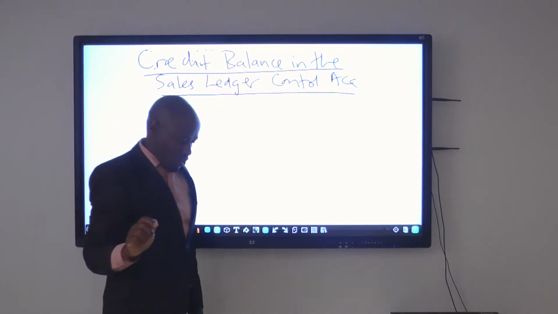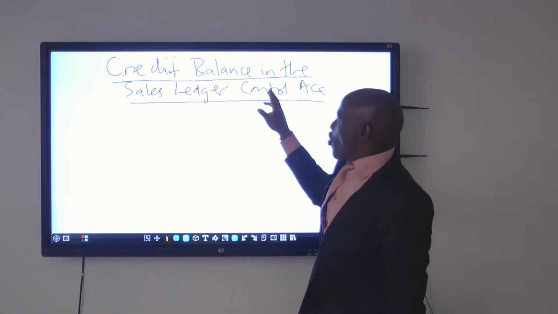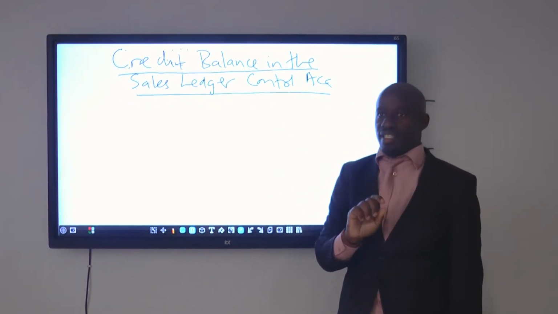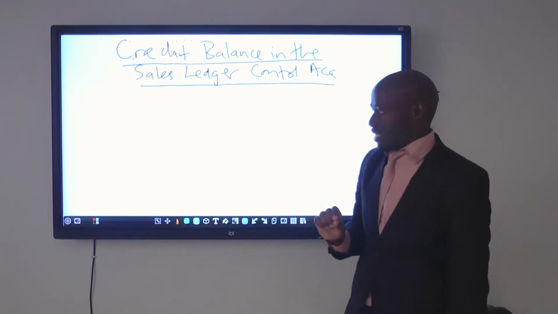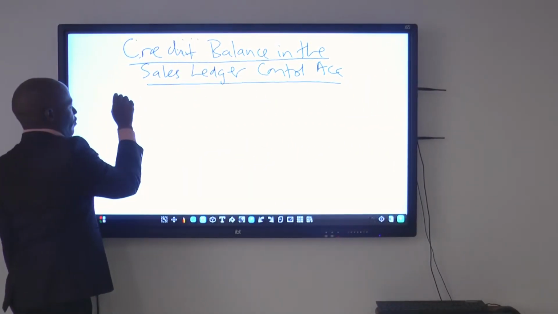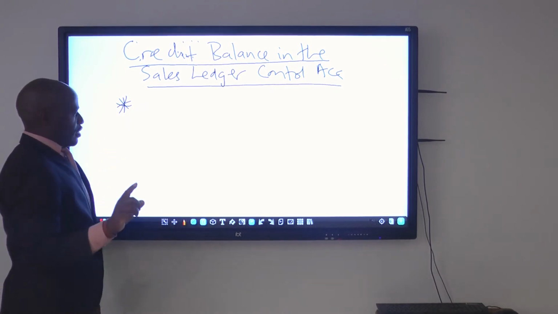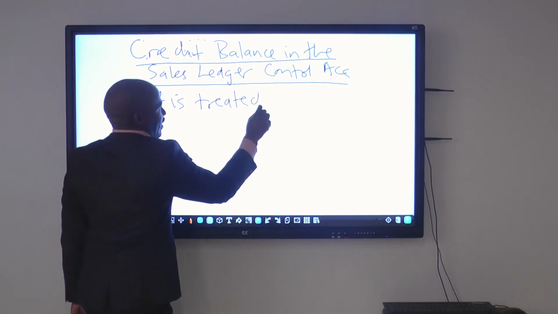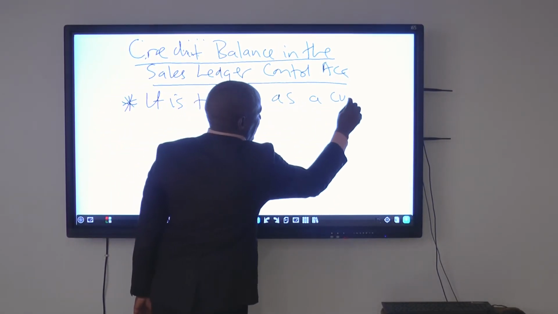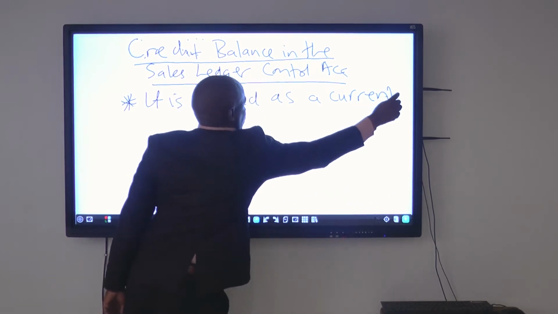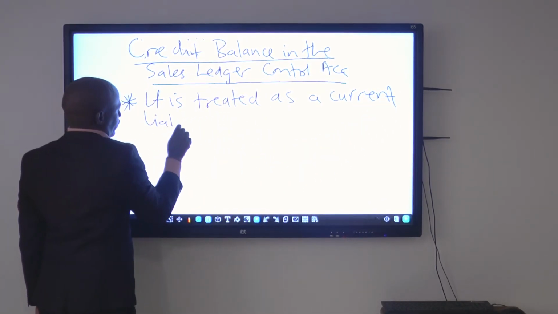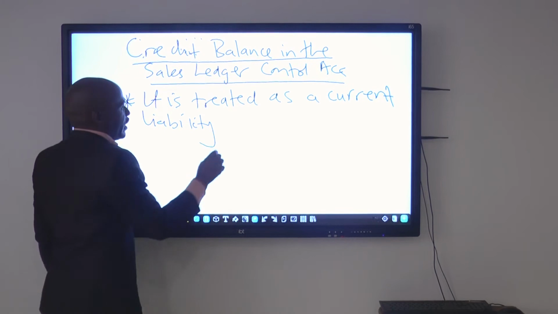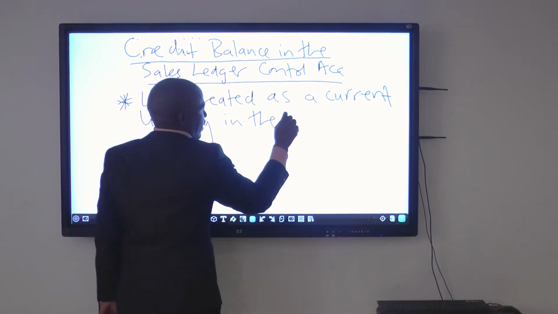The first question which ZIMSEC is going to ask you: how is this treated in the statement of financial position? Now, it is treated as a current liability in the balance sheet.